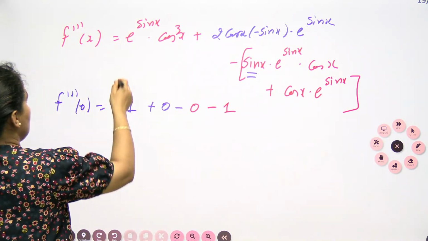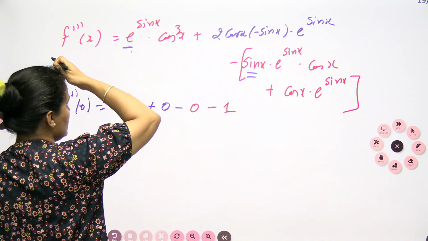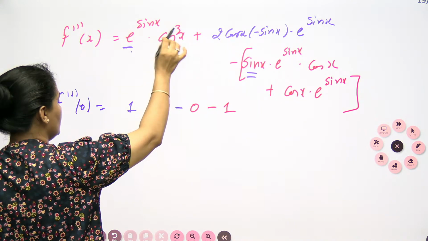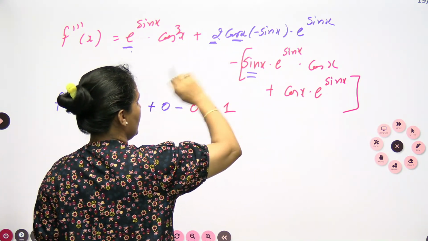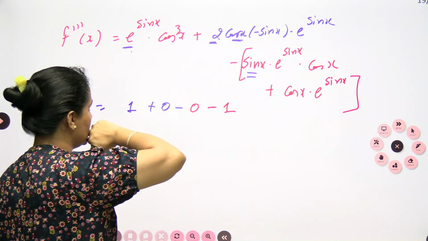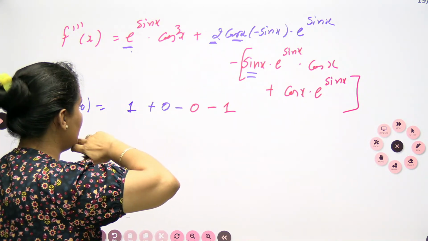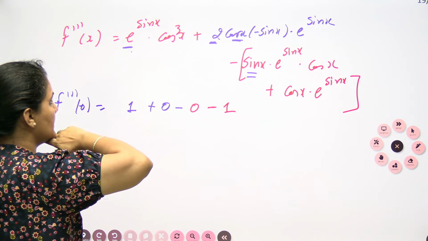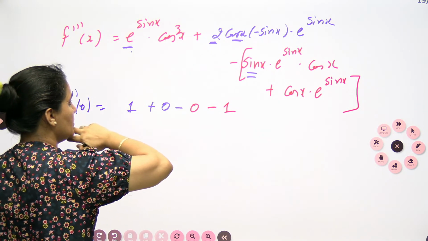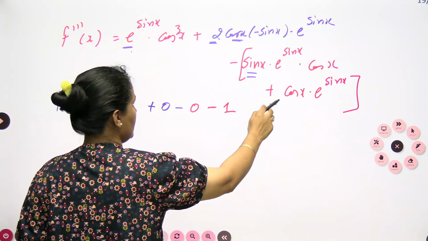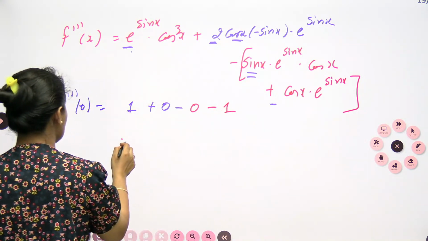So when I go with this one, e power 0 is 1, I have here 2 cos 0 minus sin 0, sin 0 is 0, this will be 0, here we have minus 1, so the result is 0.